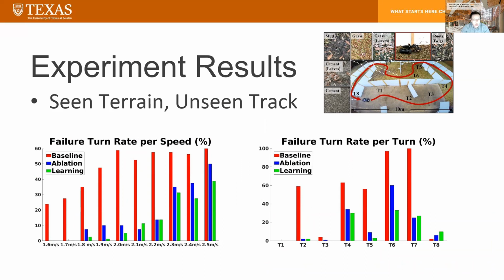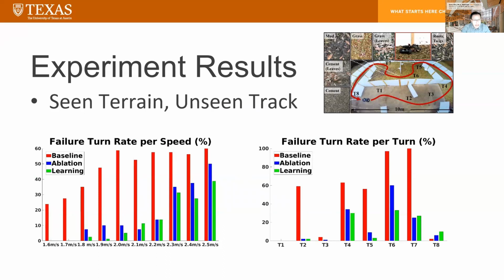First on the left, you can see the red baseline has the highest failure rate in all different speeds, from 1.6 meters per second to 2.5 meters per second, while the green learning-based method we introduced has the lowest failure rate. It also outperforms the blue ablation model, which justifies that the sensor observation is the key to reason about different types of terrains.